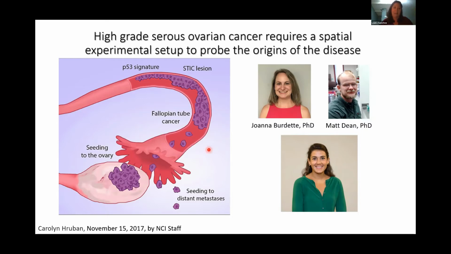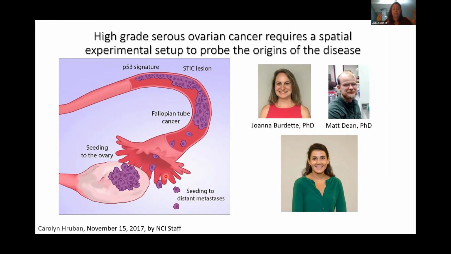Can you do it in a mammalian system? And I was like, well, tissue imaging is a thing. But she was like, no, actually, in high-grade serous ovarian cancer, the primary mutations occur in the fallopian tube and then move to the ovary, and the ovary is where you find tumors. So ovarian cancer is almost the wrong name, because these things don't actually start in the ovary, that's where you just find the tumors.